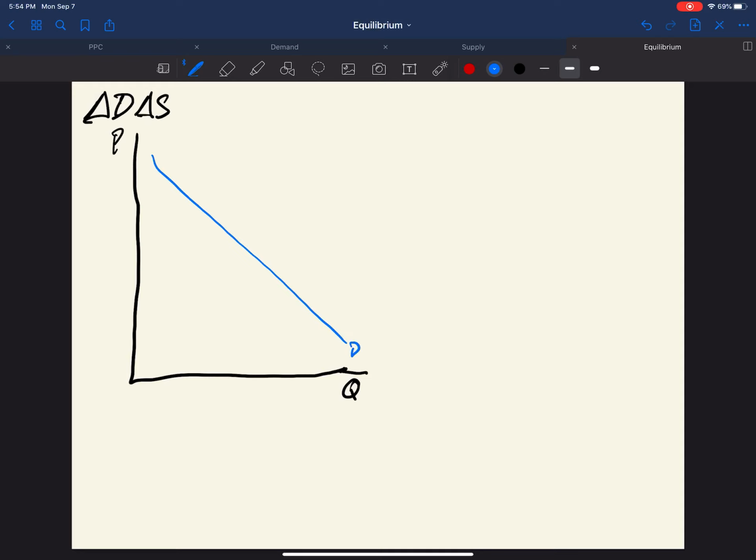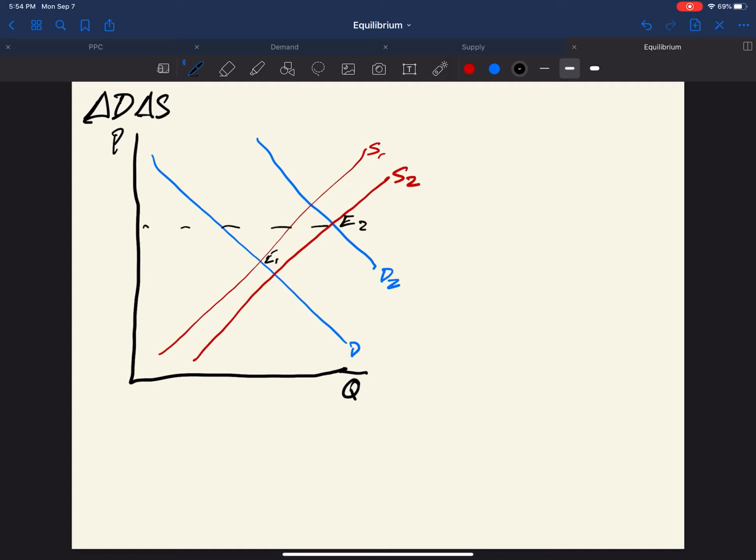So there's demand, and we'll go ahead and increase it now, just to make it easier for us. Supply 1, supply 2. Now let's draw in the little ant trails for our equilibriums. So here's E1, here's E2, and we'll draw that here. E1.